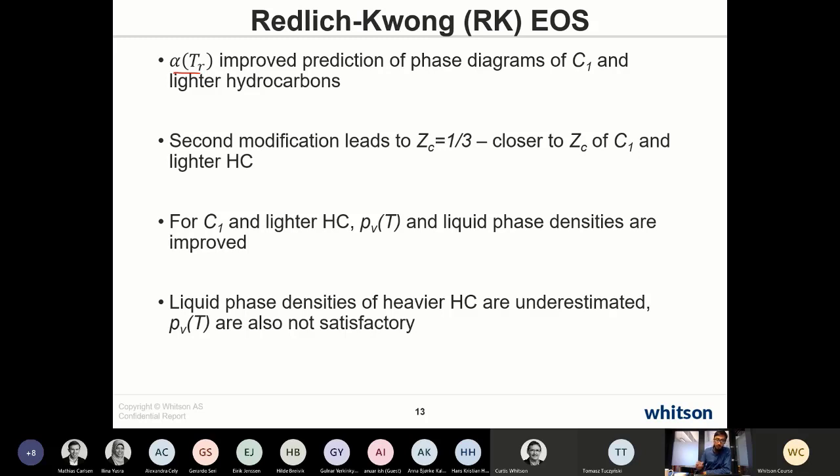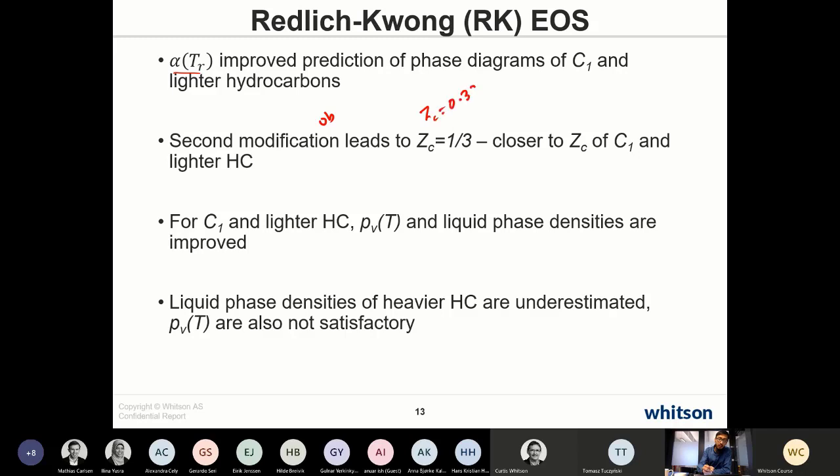And the second modification, adding this v plus b term in the denominator, was to get better liquid phase densities of these lighter hydrocarbons, because if you calculate the Zc value of the Redlich-Kwong equation of state, you will find that Zc is equal to 1/3.